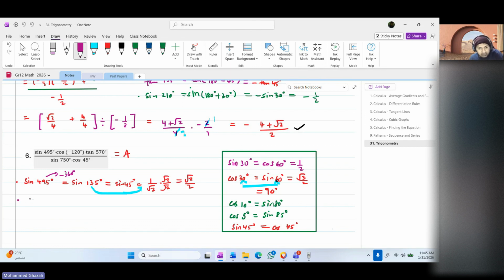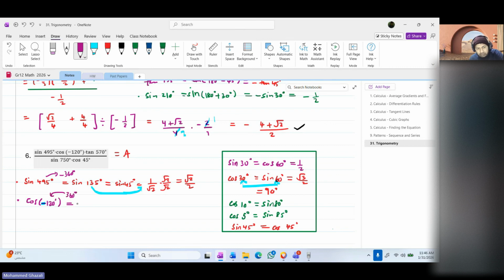What is cos of negative 120? Cos of negative 120. You have two options. You can use the negative angle theory. That's the thing about negative angles. If you're going to treat the entire thing as theta, then you say, okay, negative angle. Otherwise, I would suggest whenever the angle is negative, just add 360. It'll make life easier.